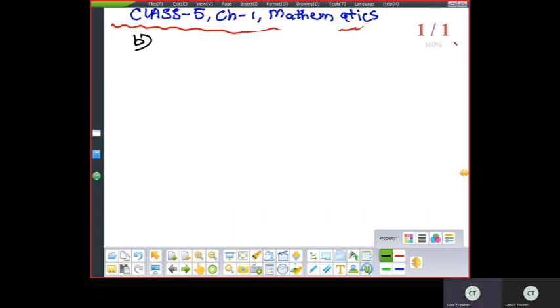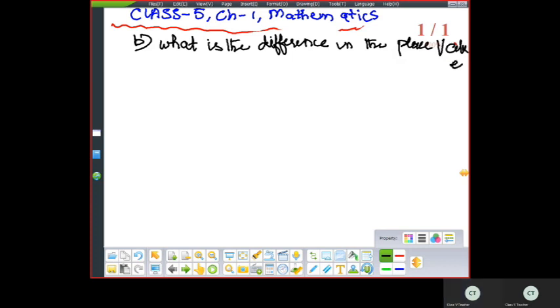Question B: What is the difference of the place values of 8 and 2 in the number 8762?